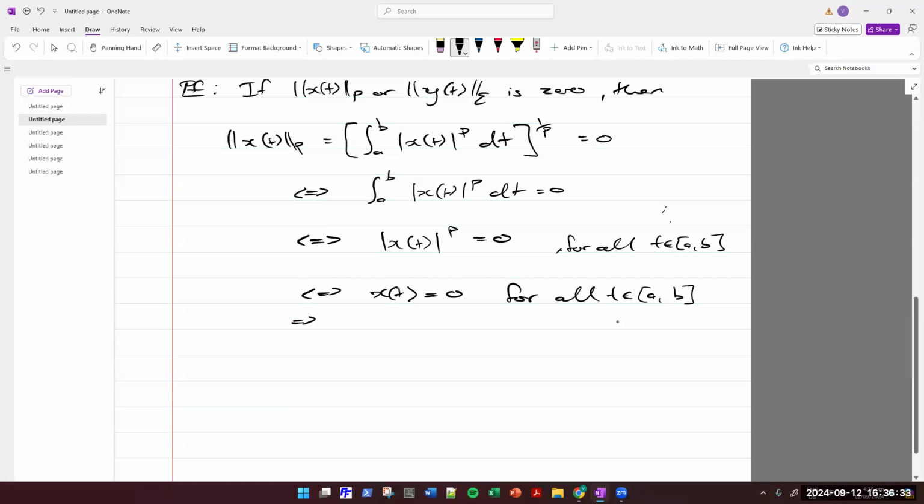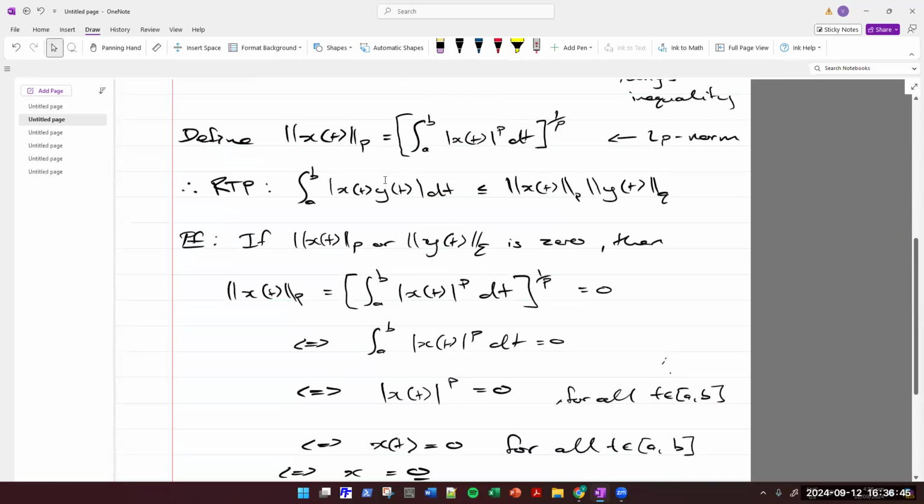That's the same thing as x being the zero function. Sometimes they use theta to denote it. So all of this is just to say, if it so happens that one of these norms, or even both of them, turn out to be zero, then the function is identically zero.